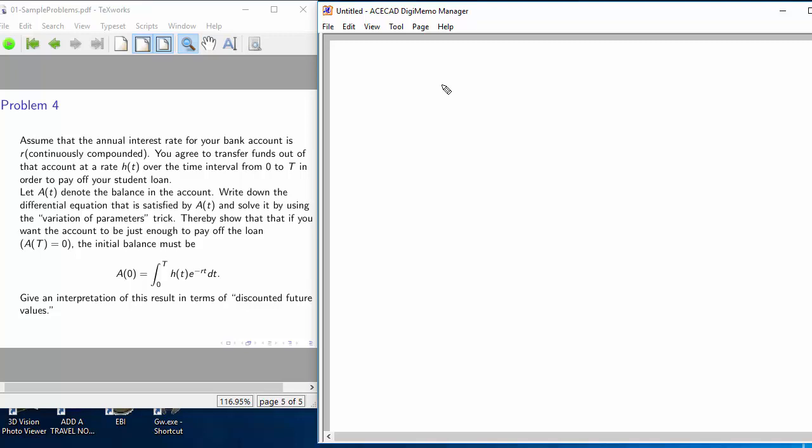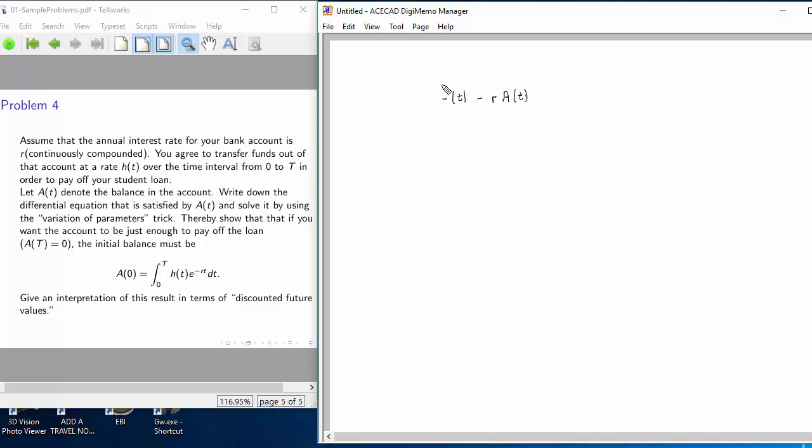So let's write the differential equation for the balance in your bank account. That balance is capital A. I'm going to use a convention that's popular with physicists and to some extent also with economists to put a dot over something to denote differentiation with respect to time. So this is the rate of change of the balance in your bank account.